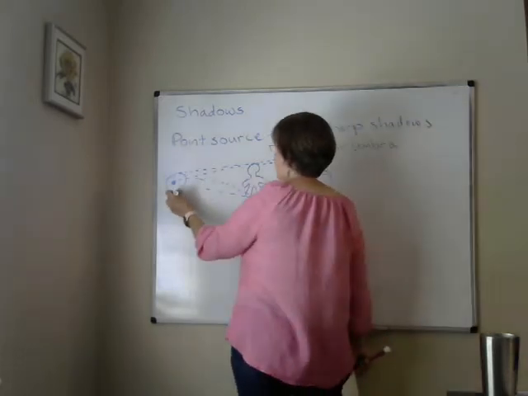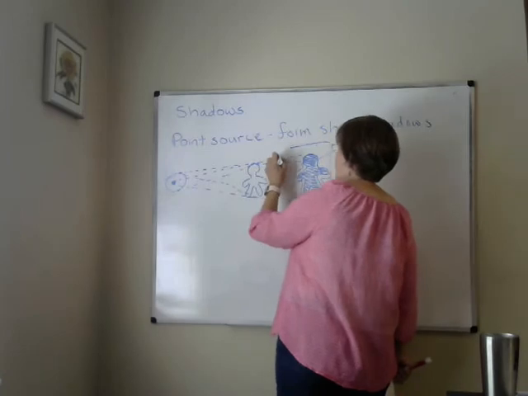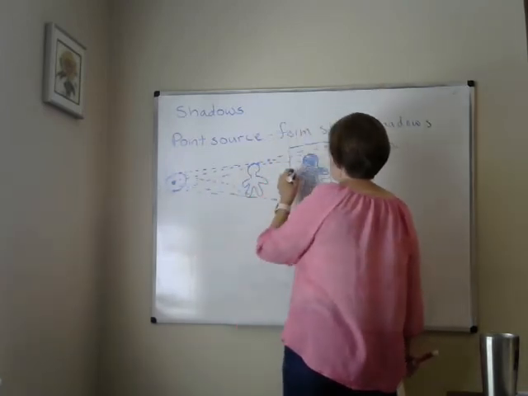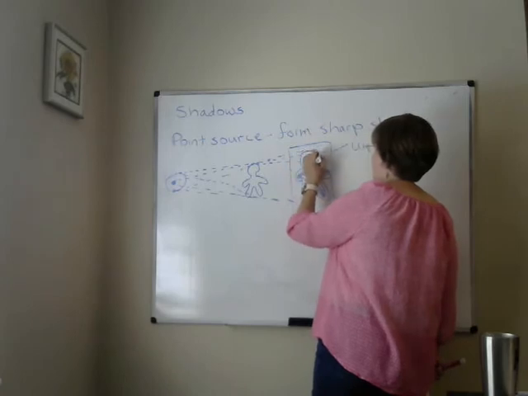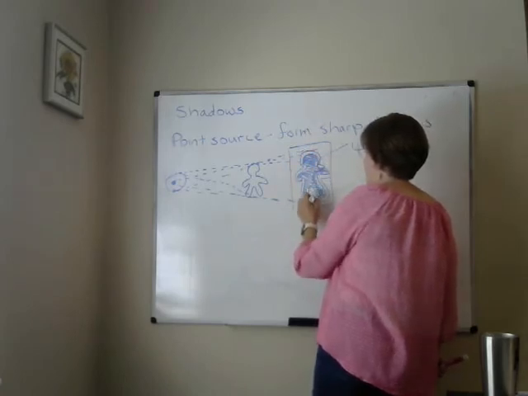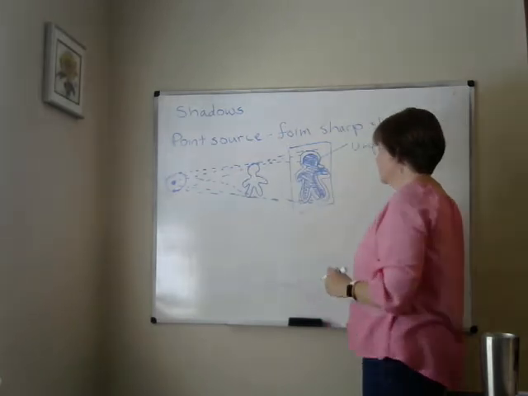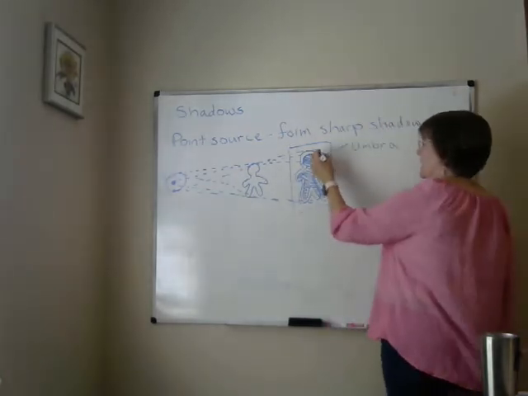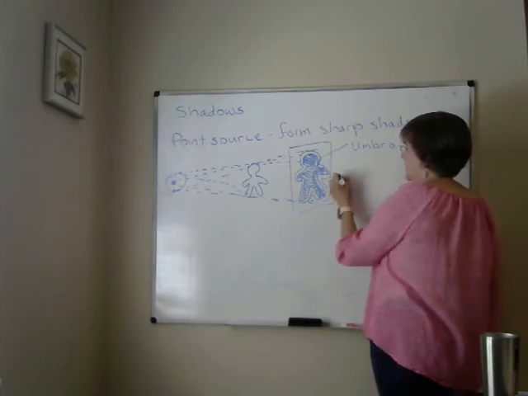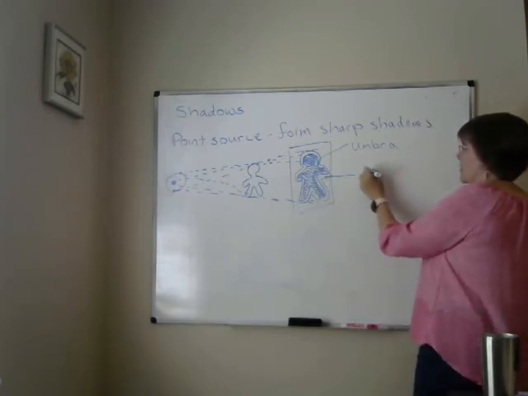And light from right here makes a shadow that's a little different too. We pick a different point, and so it makes a slightly different shadow. And the result of these slightly different shadows is you get a light fuzzy area around the edge. This light fuzzy area around the edge is called a penumbra.